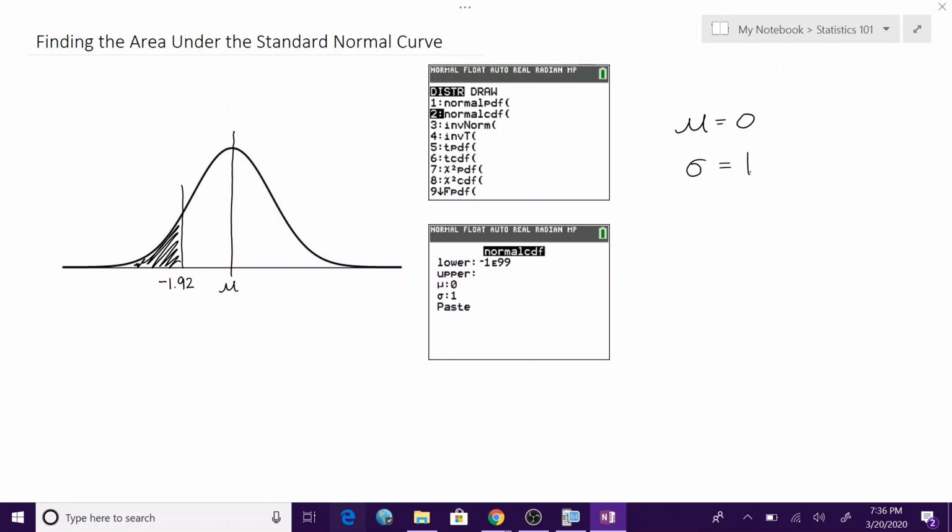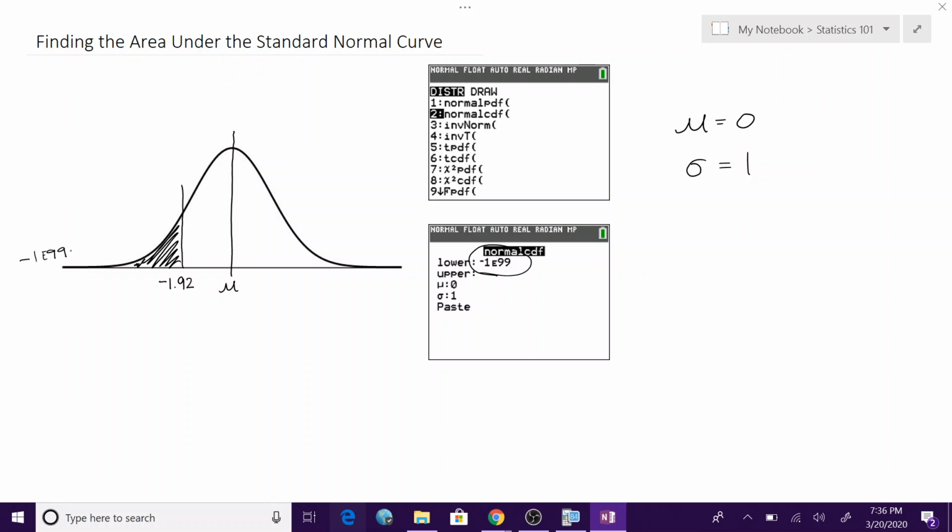Now, if you notice, when we're going to the left, we're always going to be using our lower bound number as this negative 1e99. So all the way over here to the left, you guys, is going to be forever. It's going to be negative 1e99.